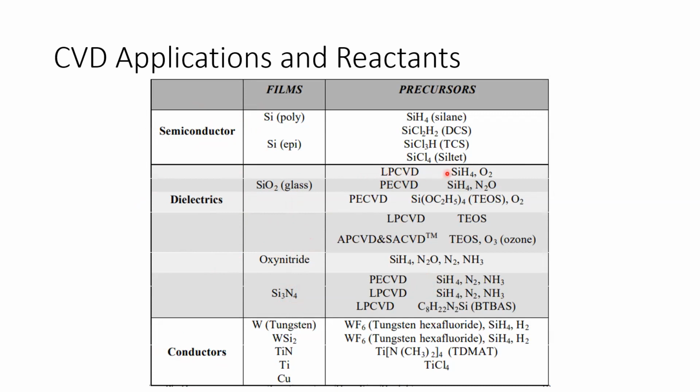For precursors, for LPCVD, PECVD, APCVD, for dielectric silicon dioxide, we have different precursors. For example, for silicon dioxide, we can use TEOS and ozone for APCVD, and also we can use TEOS for LPCVD.